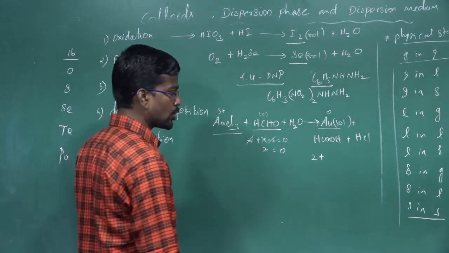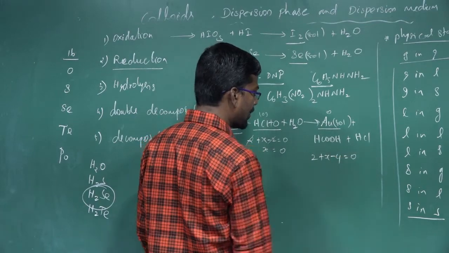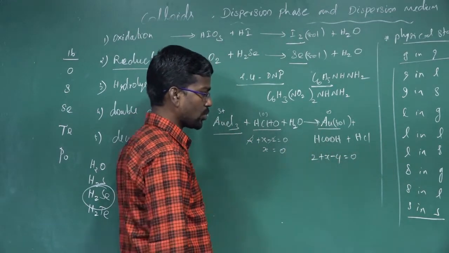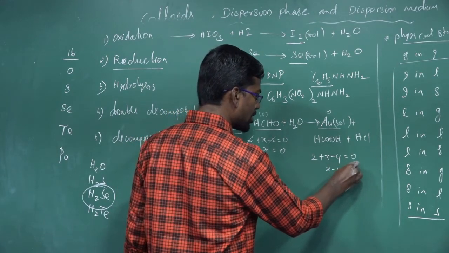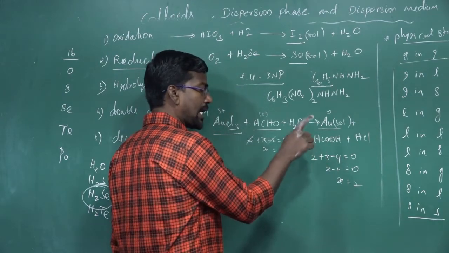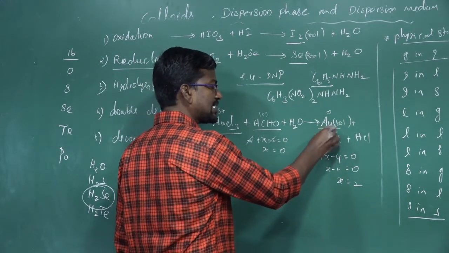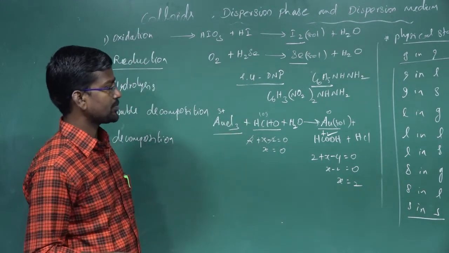So 2 into minus 2 equals minus 4, and the total equals 0 because there is no charge on the compound. Then plus 2, minus 4, X equals plus 2. So formic acid contains a carbon exhibiting the plus 2 oxidation state. Formaldehyde contains a carbon exhibiting the 0 oxidation state.